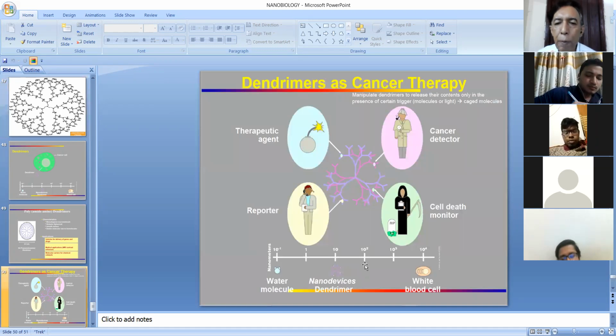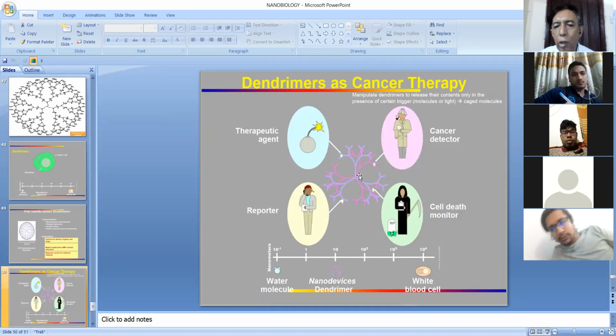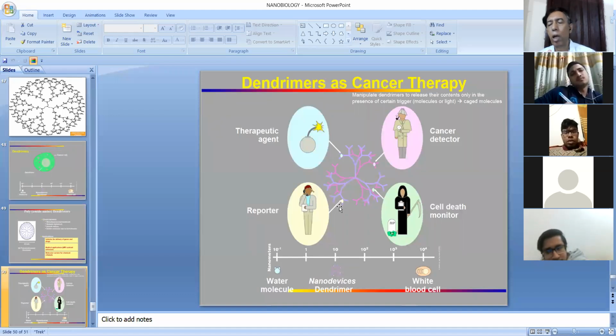You see here, this is a dendrimer, and you can add some therapeutic agents here. You can add some cancer detector here. You can add some cell death monitor here. You can add some diagnostic materials here.